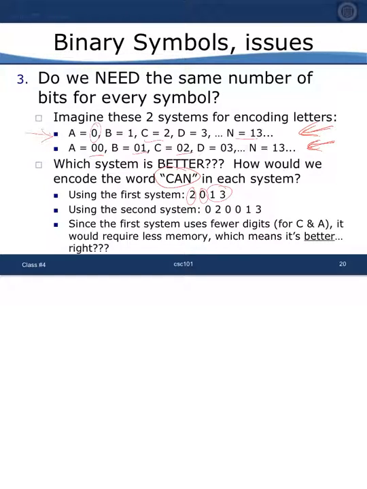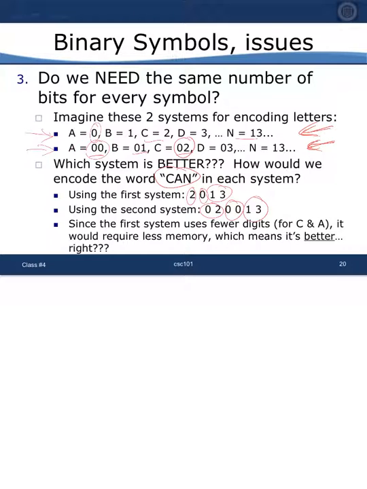Now in our second system, can would be similar, but somewhat different. The letter C would be 02. The letter A would be 00. And the letter N is still 13.